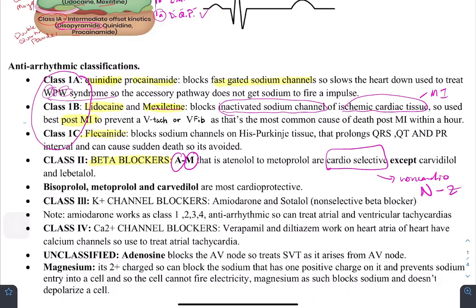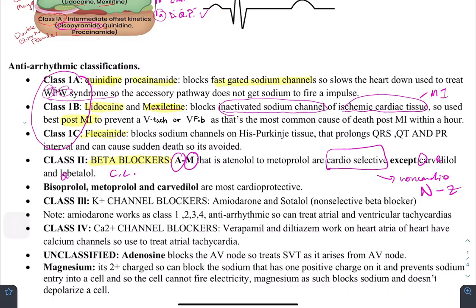Of course, there are exceptions. The exceptions are your carvedilol and your labetalol, the C and the L. Those actually have beta 1 and beta 2 effect plus an alpha 1 effect.